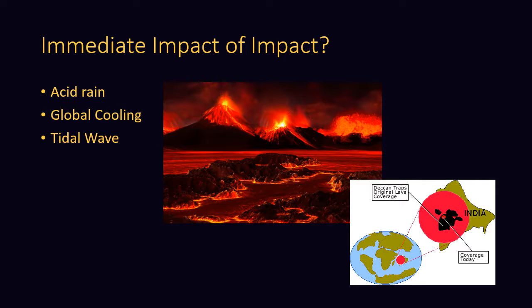It's thought that the impact over here in the Yucatan Peninsula did affect the mantle underlying the planet, and it kick-started this volcanism. So the asteroid impact on its own probably would have caused a lot of extinction events, but we got this huge global mass extinction because it also influenced these lava flows.